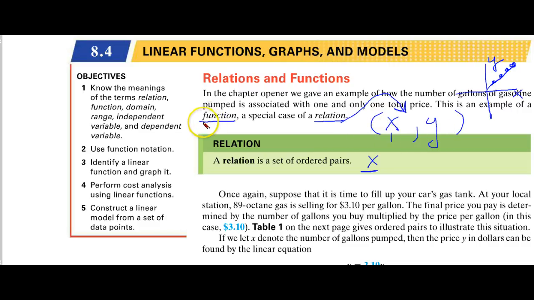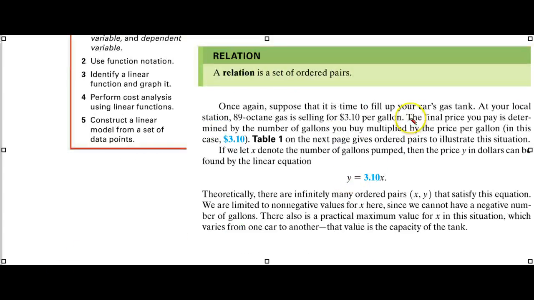That would be what a function is. So let's continue. And that function, as we had described earlier, can be given as y equals kx, where k was the price per gallon, x was the number of gallons, and y was the end price.